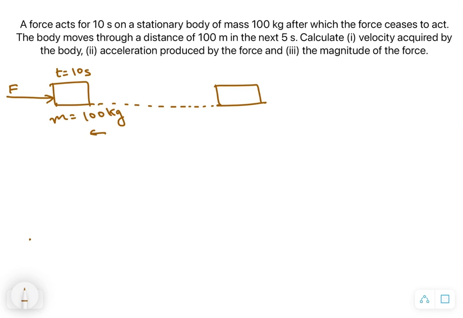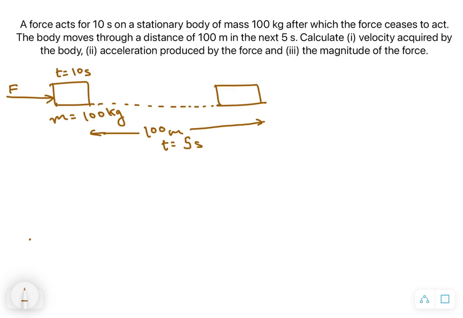So it is moving 100 meters in the next 5 seconds. So this time is 5 seconds. So force is acting for 10 seconds and the body moved 100 meters in the next 5 seconds.